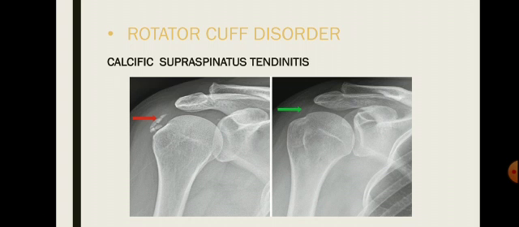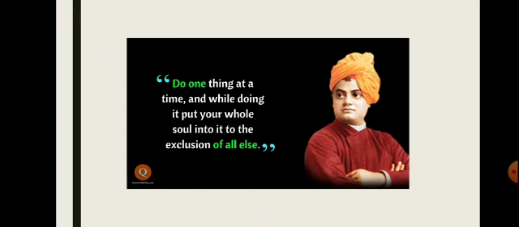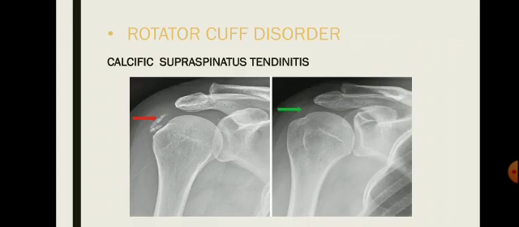To identify this disorder, there is a sign called the painful arc sign. In adduction, when pressed below the acromion process, you can find the calcium deposition in the radiological picture.